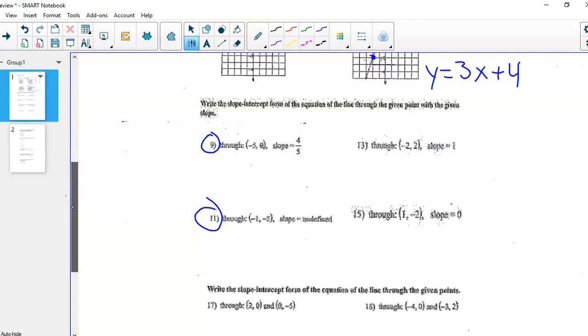All right, so for these type of questions, you're given x, y, and m. That means you need to find b. So put each of these numbers in and find b. So 0 equals 4/5 times -5 plus b. And we're solving.